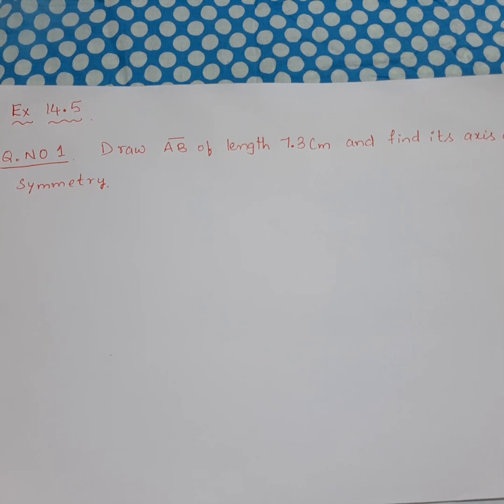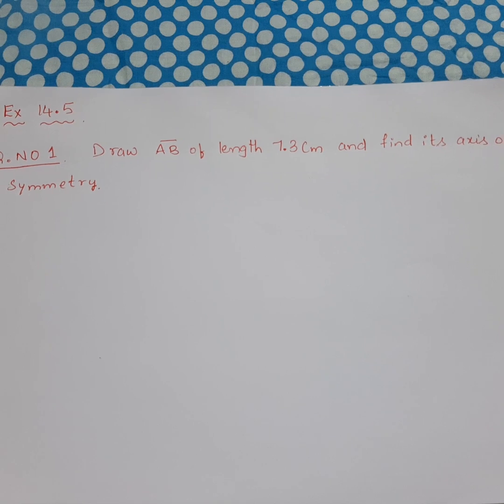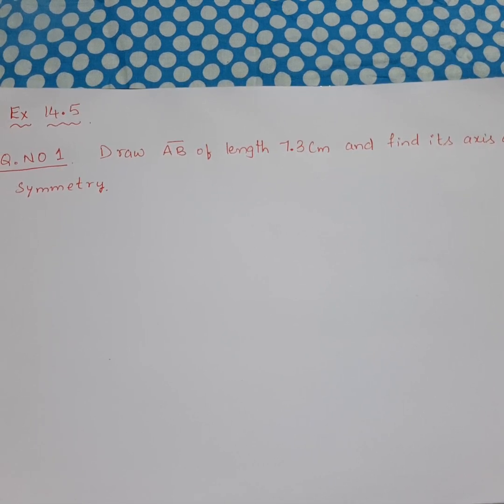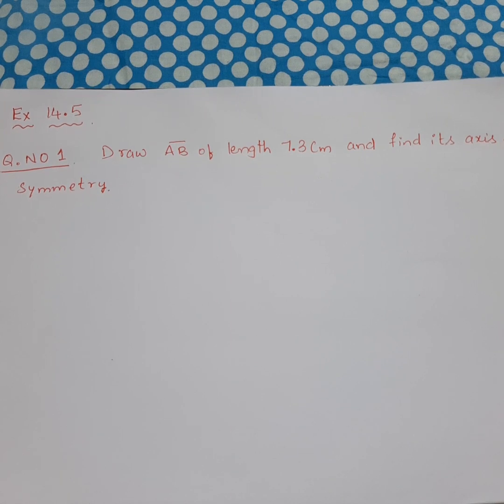What is axis of symmetry? We need to construct the axis of symmetry. Just a brief idea, axis of symmetry is nothing but the perpendicular bisector of the given line segment. Clear, children? So axis of symmetry is nothing but the perpendicular bisector of a given line segment.